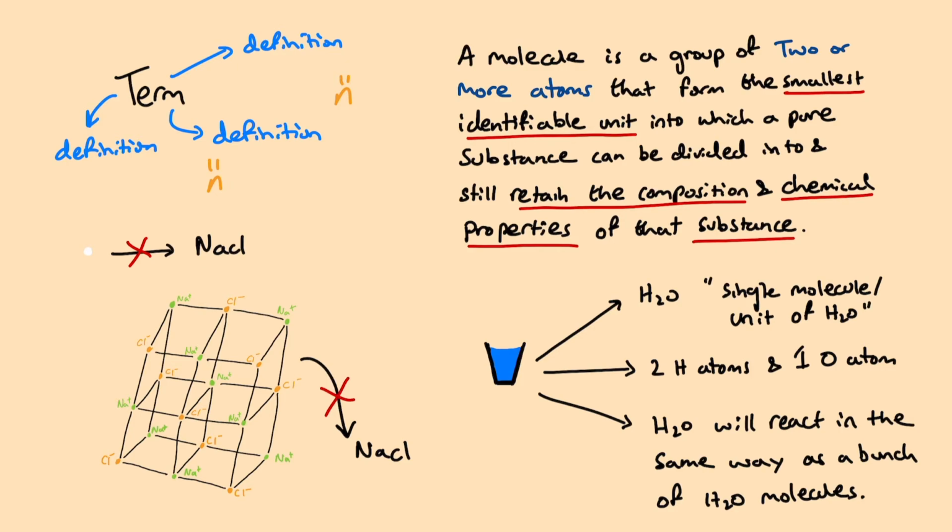And therefore, because this definition states that it needs to be made up of two or more atoms that form the smallest identifiable unit of a pure substance, sodium chloride just doesn't do that, because the pure substance is that giant ionic lattice structure made up of many sodium ions and chloride ions, but you can't get down to that single NaCl smallest identifiable unit, and therefore you won't consider sodium chloride as a molecule, even using this definition.